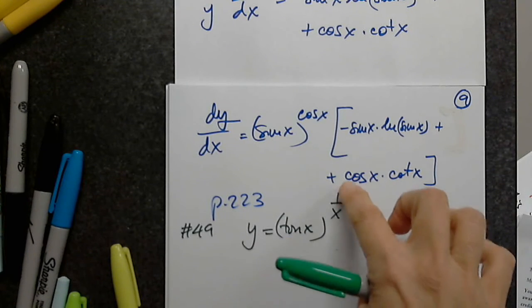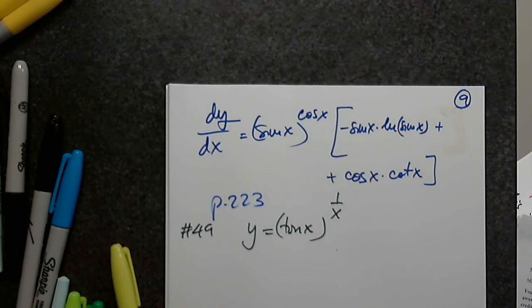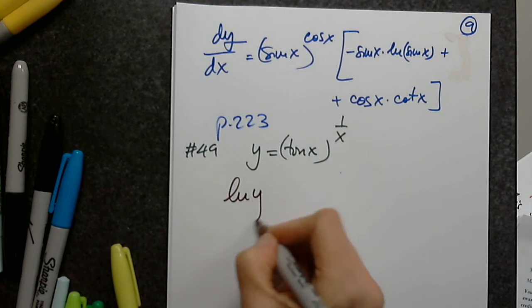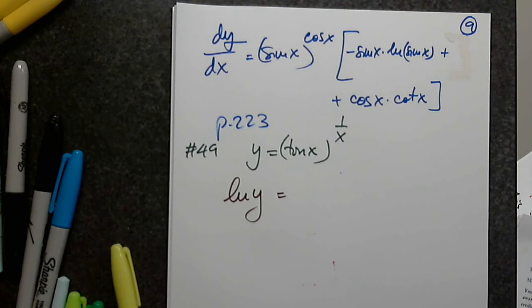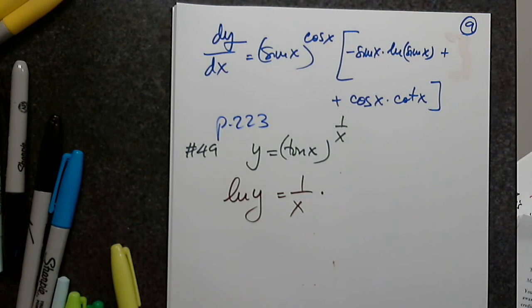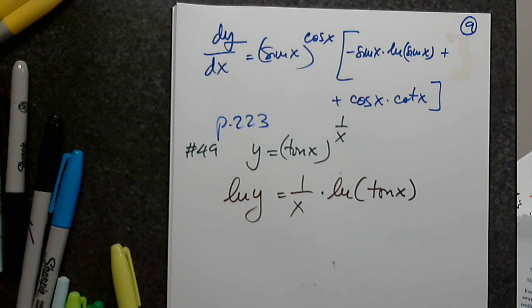There is no other way but to apply natural log to the left-hand side, and then the right-hand side will be 1 over x times natural log of tangent x. Do we agree with this? Okay.